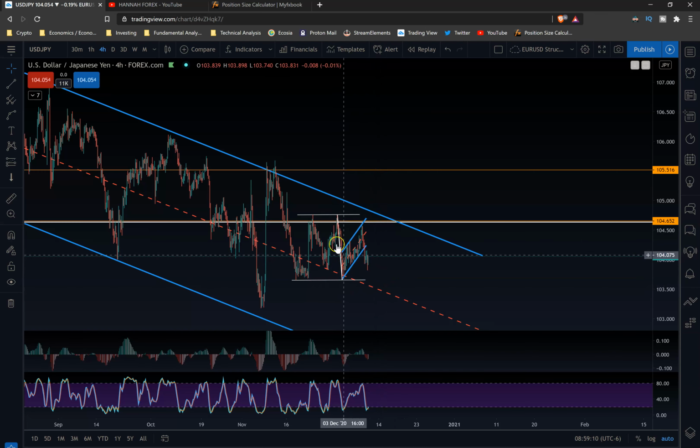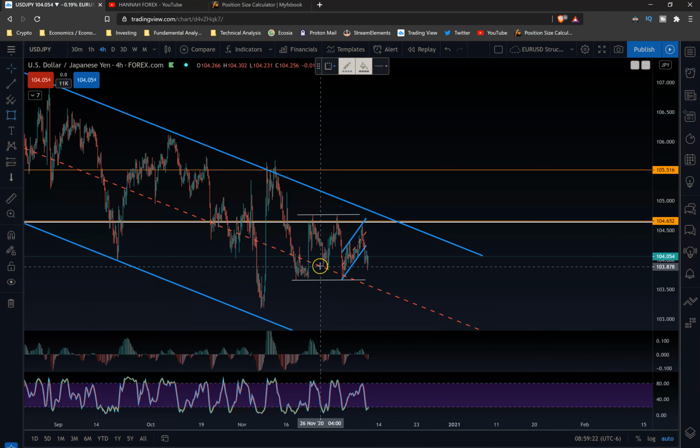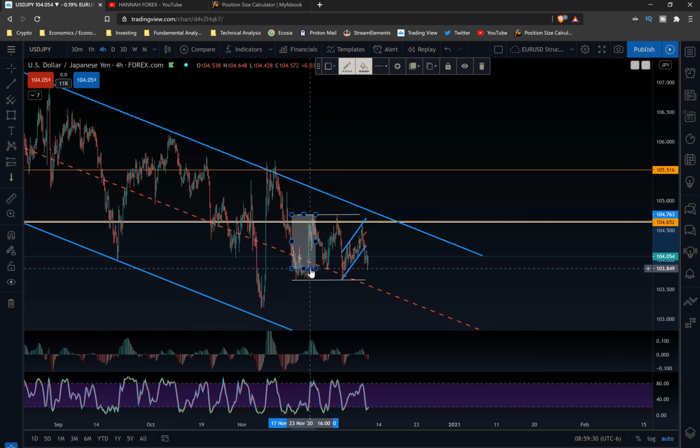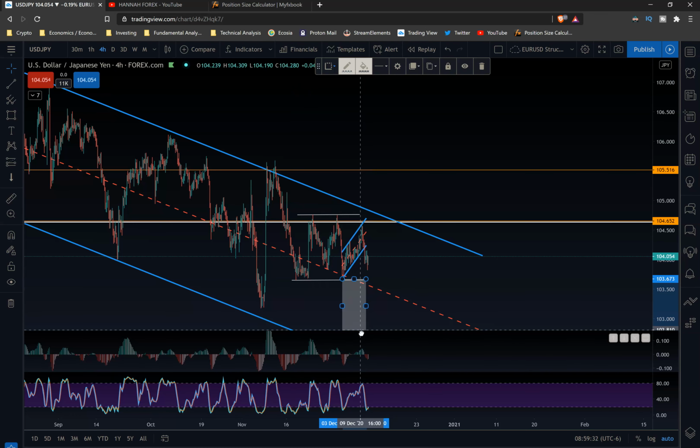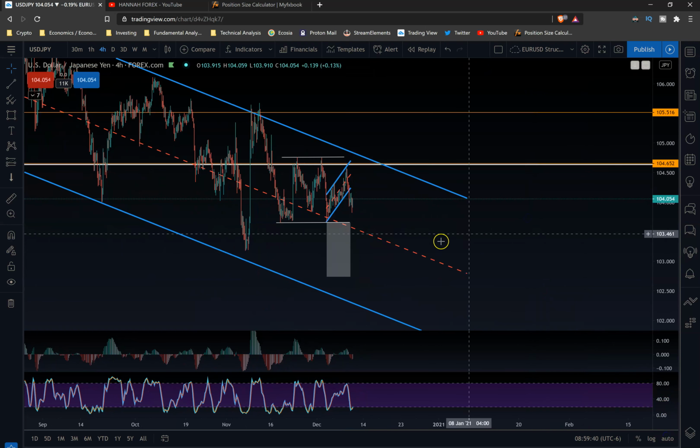Because I did get chopped up right here. I thought this was an actual bear flag, but it wasn't. So I did get chopped up right there. And a measured move of this formation will be to take the low in between the tops, bring it down, and to be honest, it should bring us to the bottom or near the bottom of this descending parallel channel.